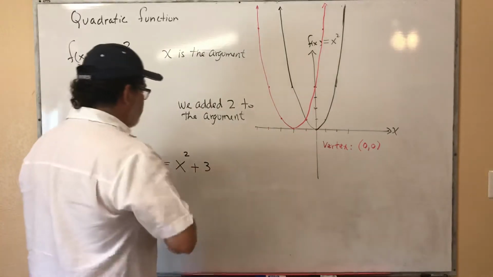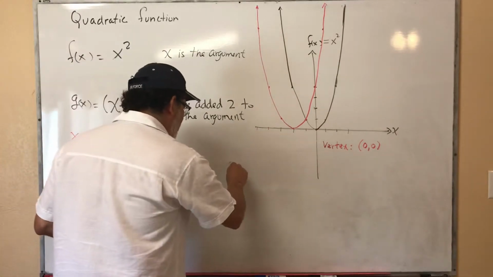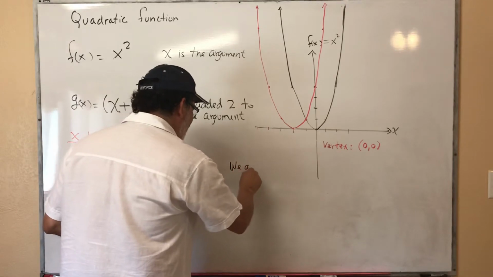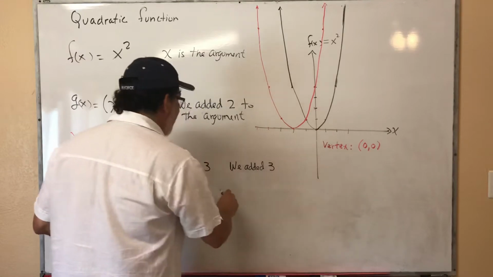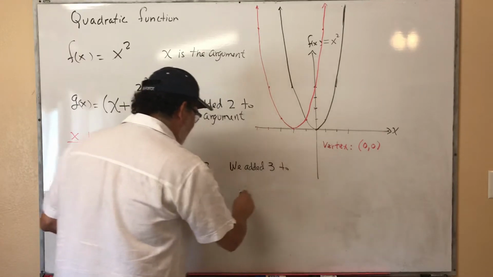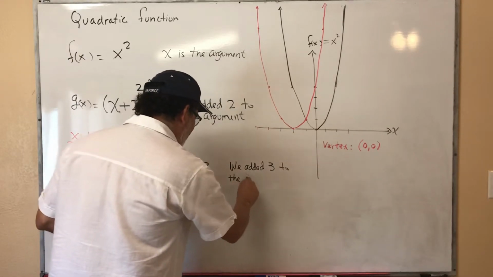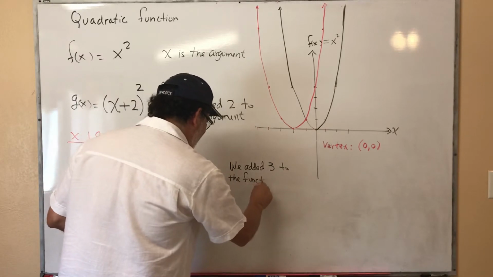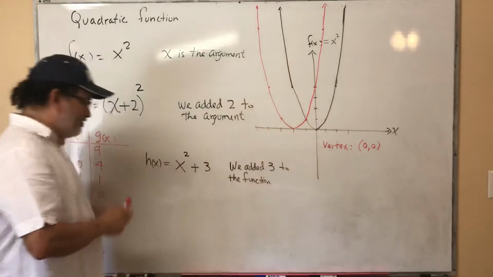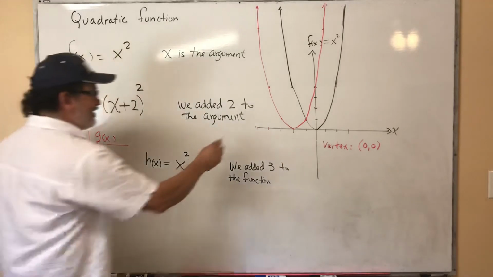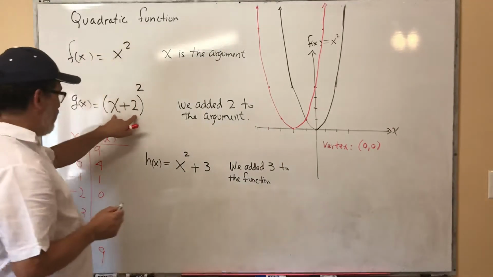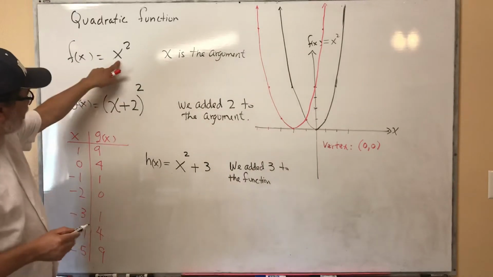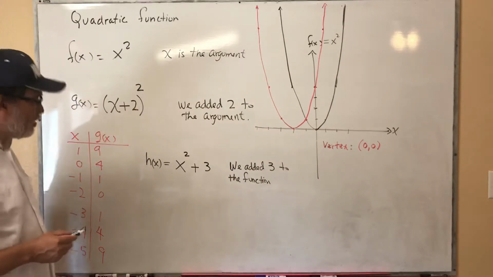So here we added 3 to the function. Here we added 2 to the argument because we did it to this x, and now this new argument is being squared.